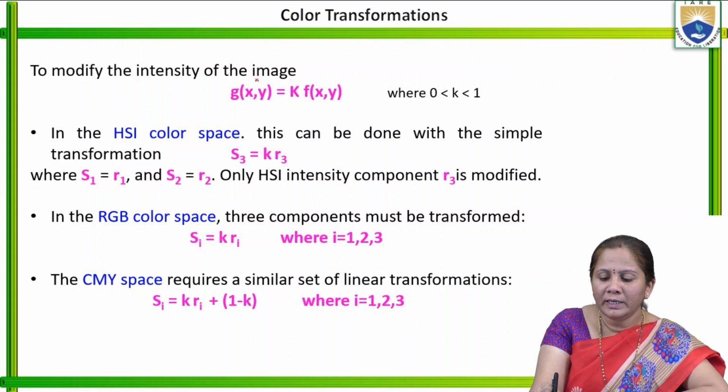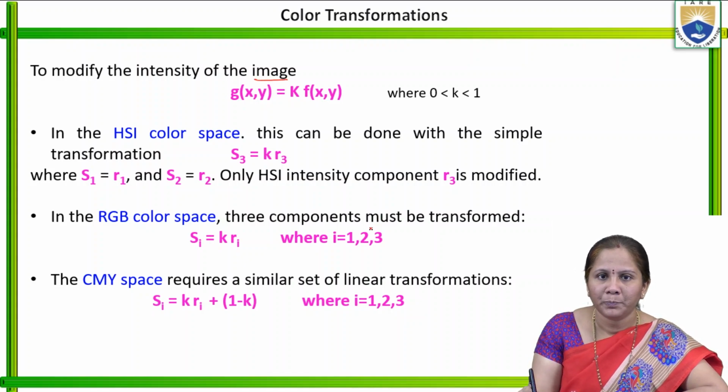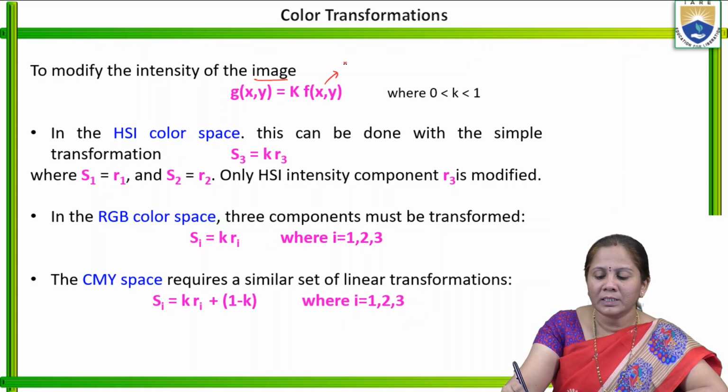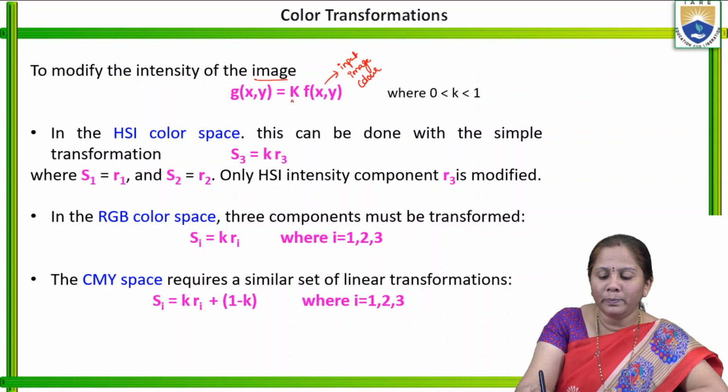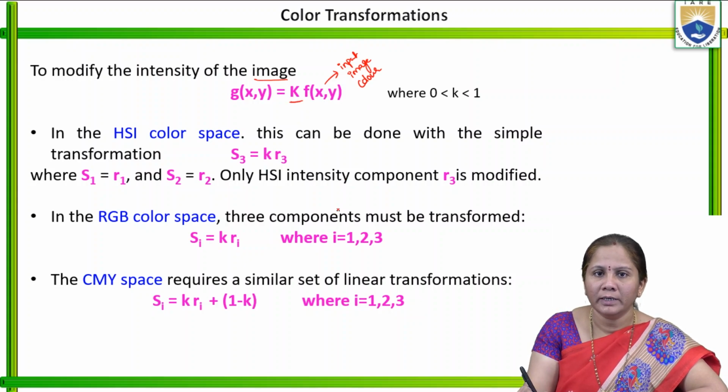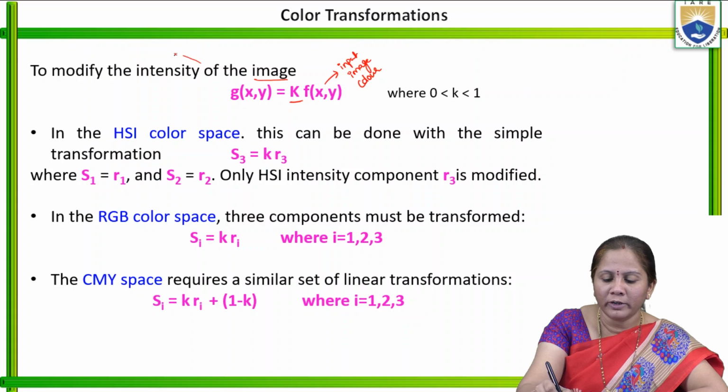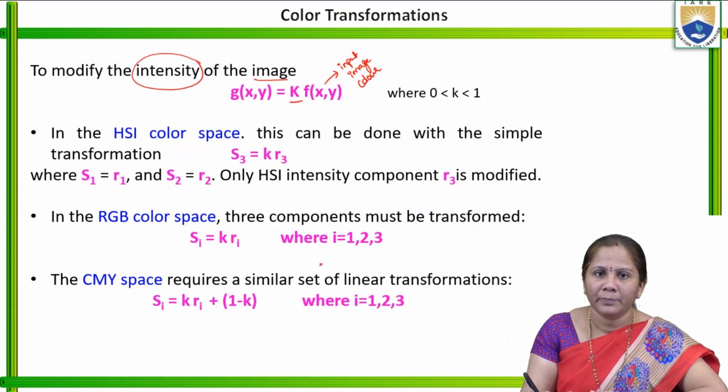To modify the intensity of the image, we have to use the formula g(x,y) = k * f(x,y). Here f(x,y) is the input image. The input image is a color image, and it should be multiplied with the constant k in order to modify intensity.